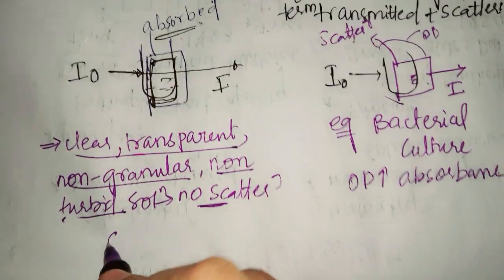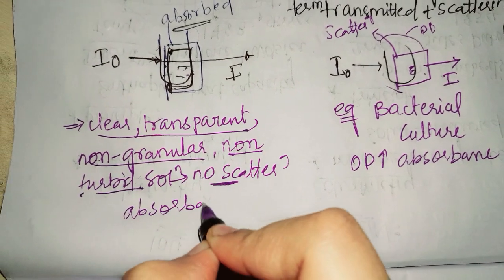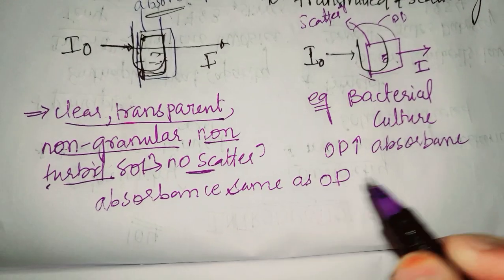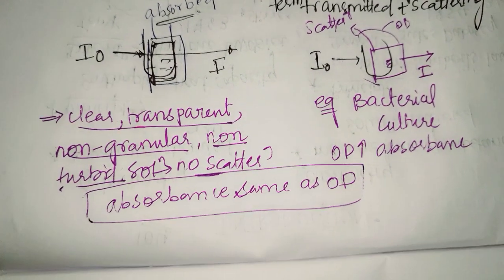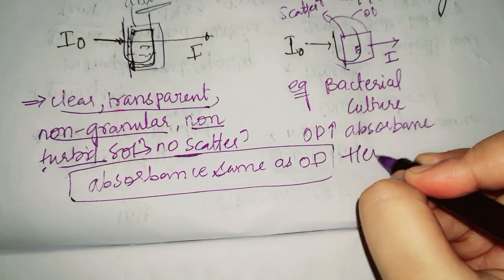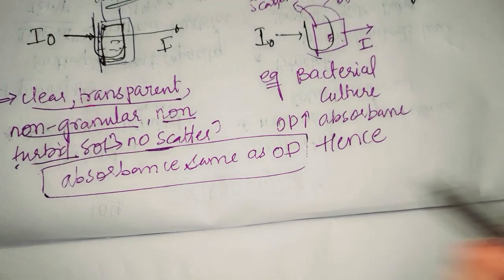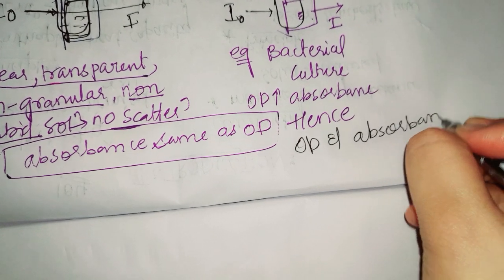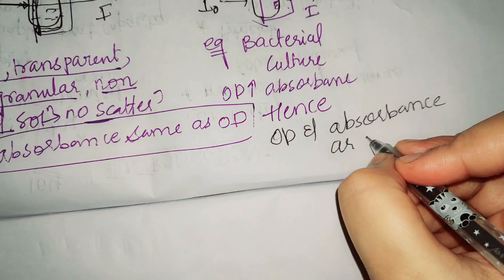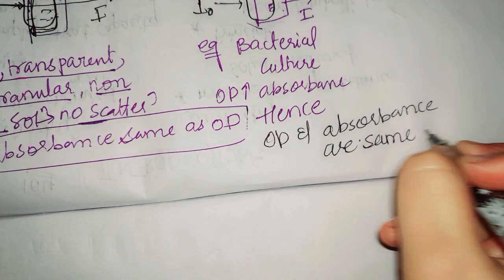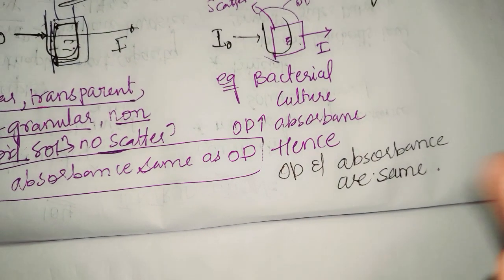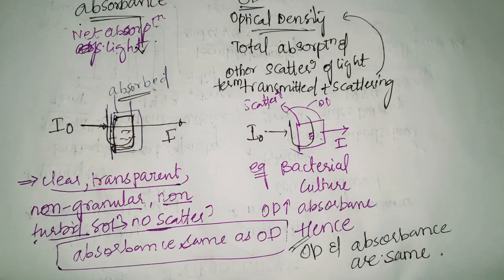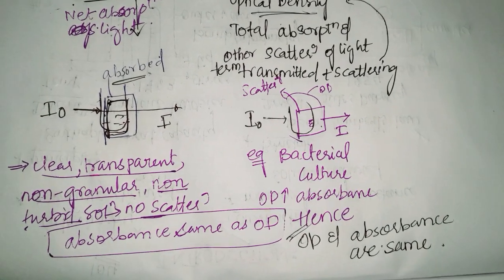So at this point, absorbance will be the same as OD. Hence we can say that OD and absorbance are the same and interchangeable words. Okay, so this is about absorbance and OD. Hope you got that difference.